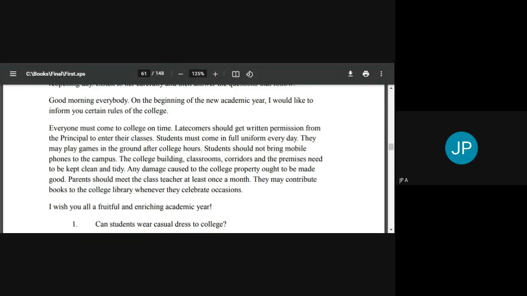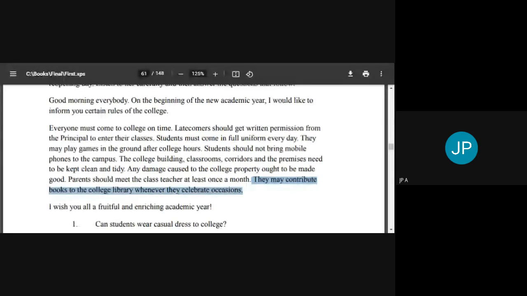Except the last sentence, all the other sentences indicate obligation. Only the last sentence, that they may contribute books to the library whenever they celebrate occasions, is a suggestion. The rest are all our duties or obligations as a student.